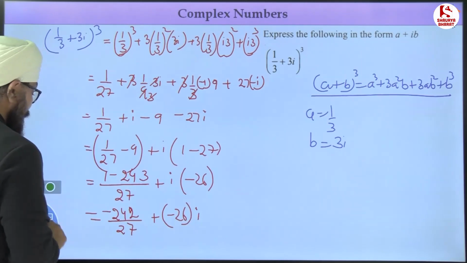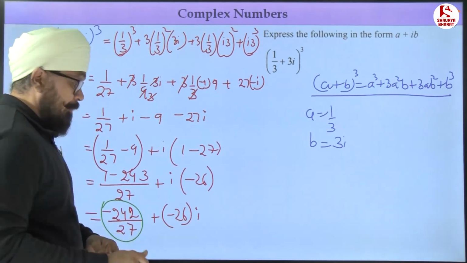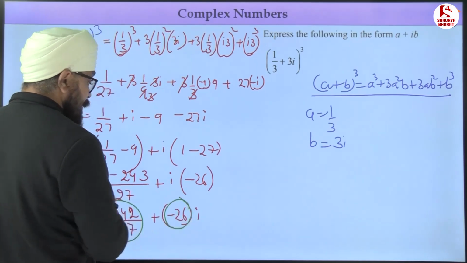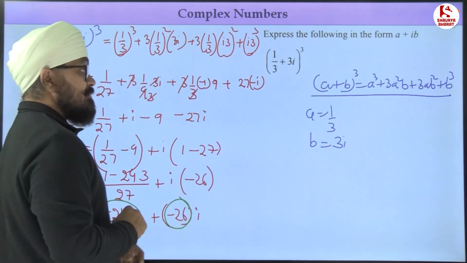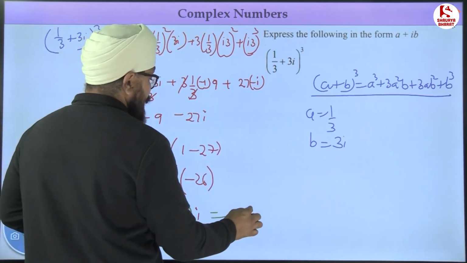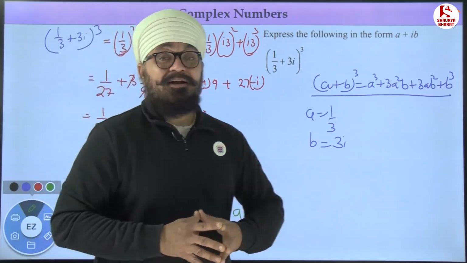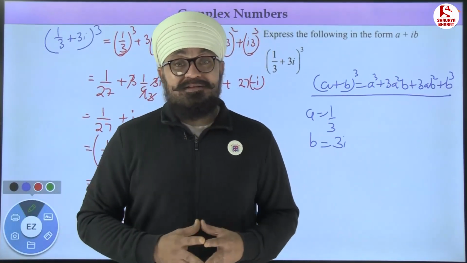As I can see, we are having a term without iota, which is the real part, and the term with iota is minus 26. So, we have expressed it in the form of a plus iota b. In case they are asking you to write the real part and imaginary part, you can express that.